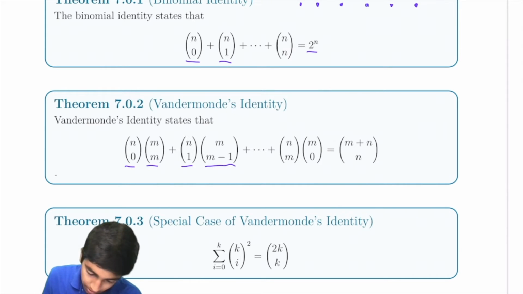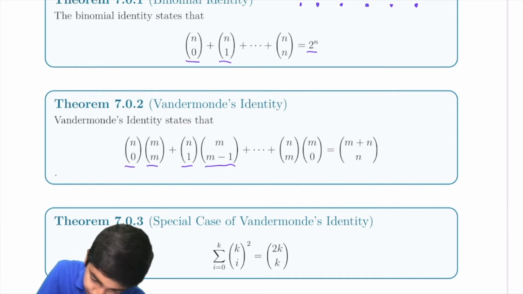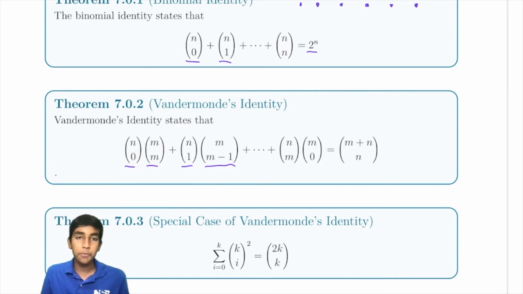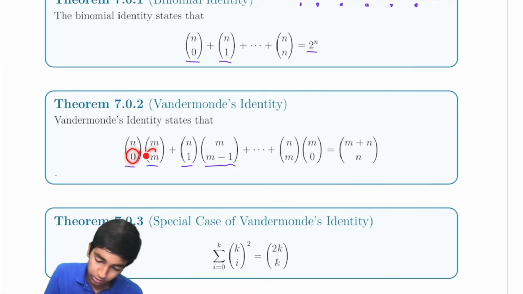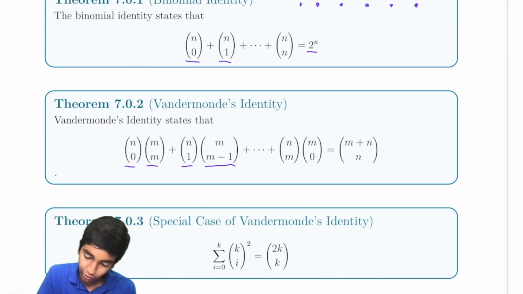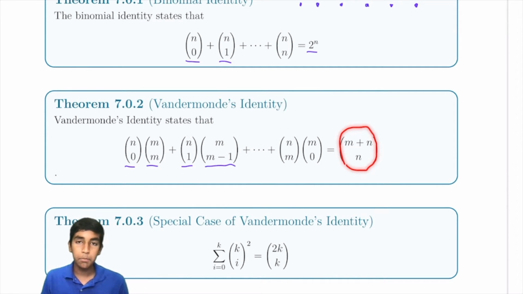Basically what we're doing is the sum of what we're choosing, the number of objects, sums to n. And then we go over all such values. We just iterate. And we get this nice looking expression, m plus n choose n.